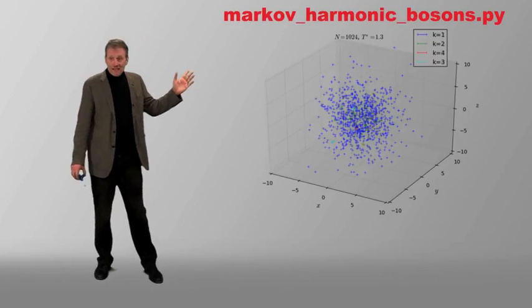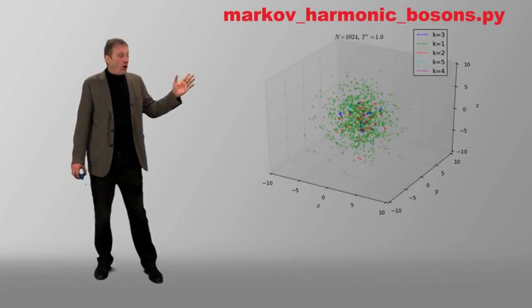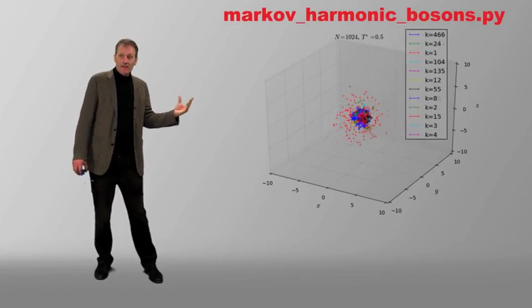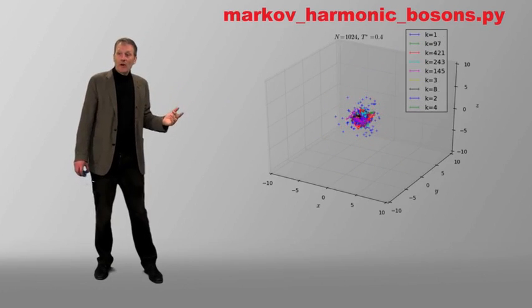But attention, don't forget to wear your glasses because of the many lasers around. As we lowered the temperature, all of a sudden, the bosons clumped together in the center of the trap.